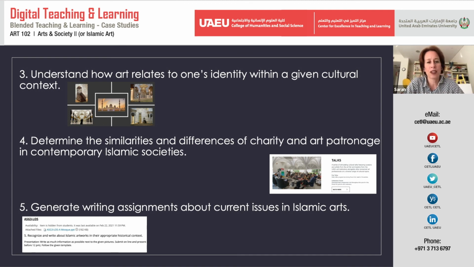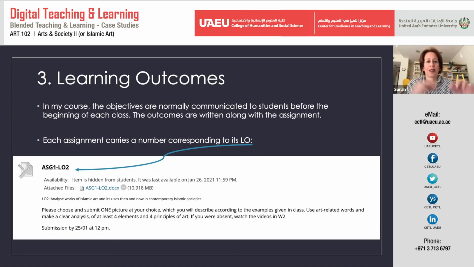And with the learning objectives, not only are they written across the syllabus, but when I create an activity, I call it, for example, Assignment 1 and LO2, learning objective 2, and I write it just below the activity. For example, analyze a work of Islamic art, and I tell them today you will be learning how to assess Islamic art.